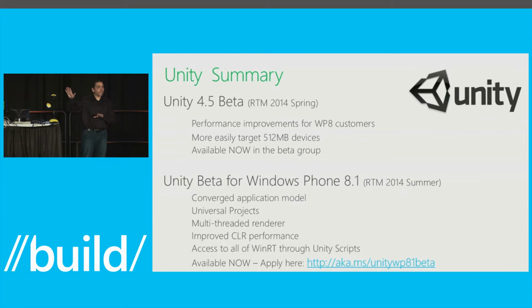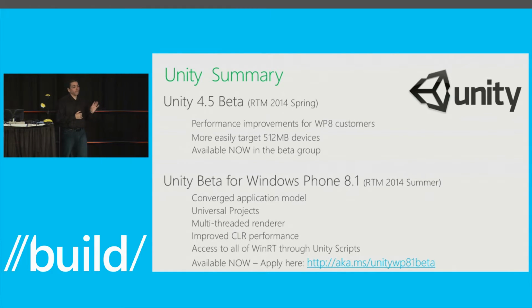Now, what I showed you there was called Unity 4 Beta for Windows Phone 8.1. So for the next 3 months or so, we're going to have 2 parallel releases of Unity going on. They're going to have 2 different release cycles. The first one is something they have today called Unity 4.5 Beta, right?